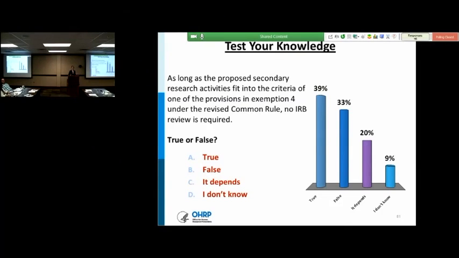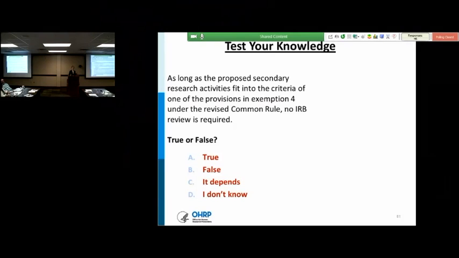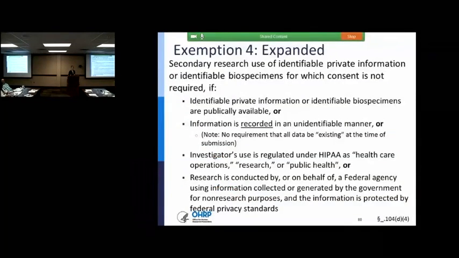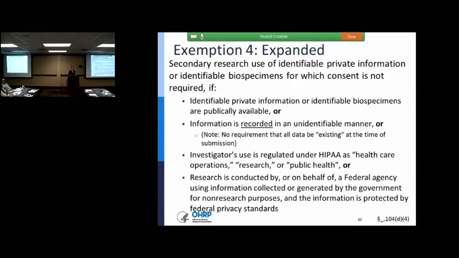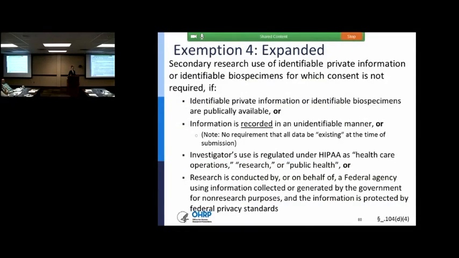So I'm going to go back to the different provisions included in Exemption 4, right? If you're using identifiable private information or biospecimens that are publicly available, or if you use them, even though the identifiable information might be available, but it's not recorded.